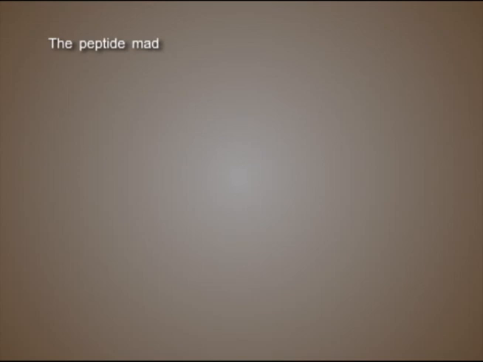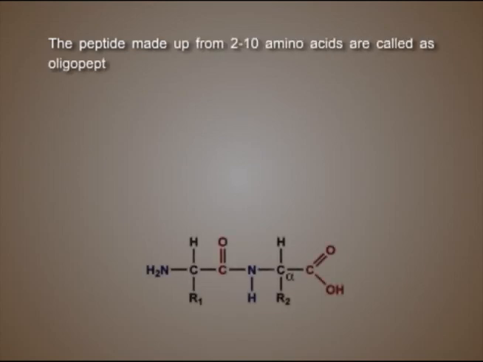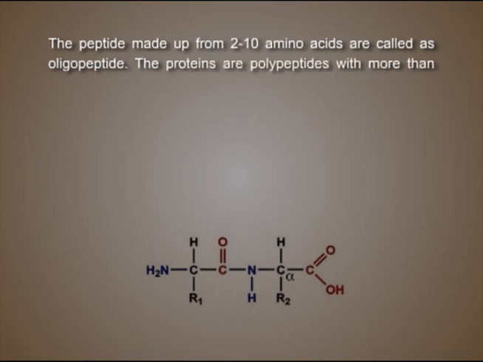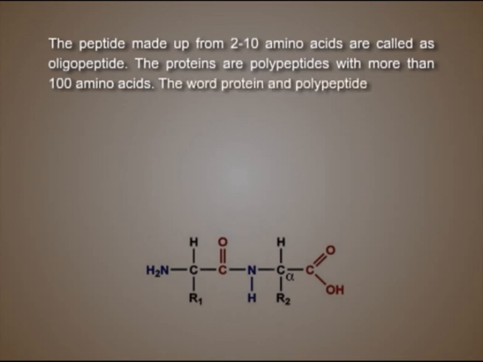The peptide made up of 2 to 10 amino acids is called an oligopeptide. The proteins are polypeptides with more than 100 amino acids. The words protein and polypeptide are used as interchangeable terms.